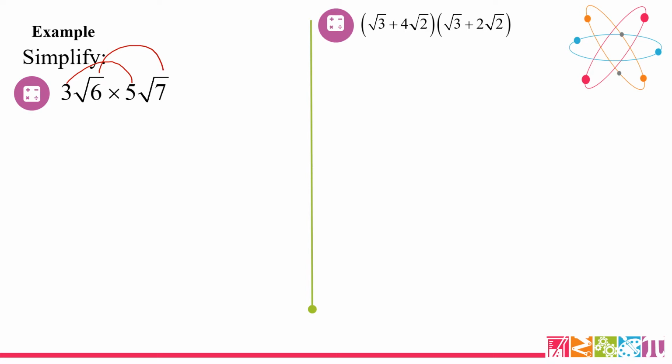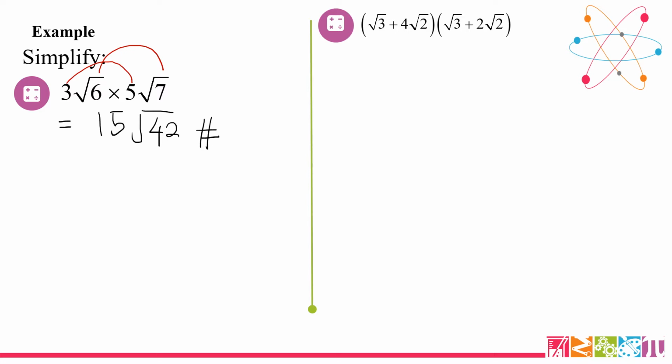It means 3 times 5. 3 times 5 is 15. Root 6 times root 7. 6 times 7 is 42. Means 15 root 42. So this is the simplest final answer.